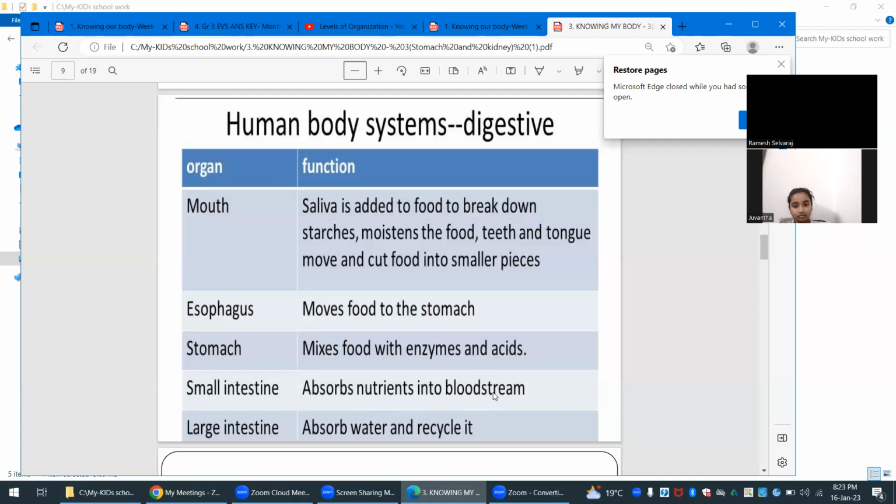You know amla? That has a lot of vitamin C, you know. If you eat amla, the vitamin C will get into our bloodstream. That would help us to be active also.